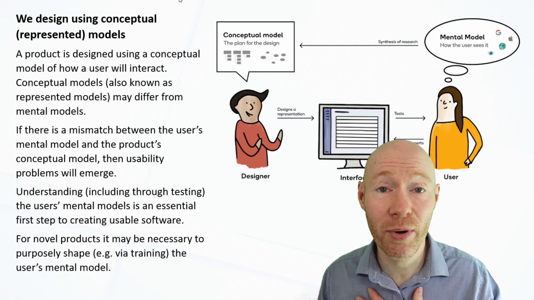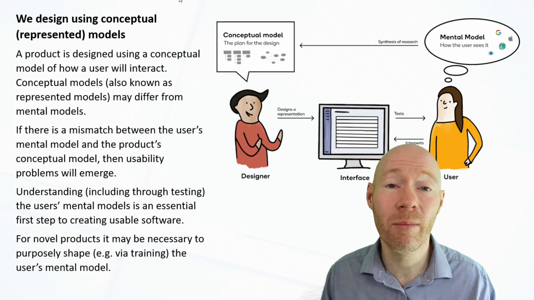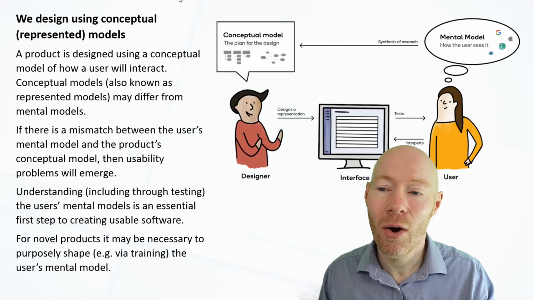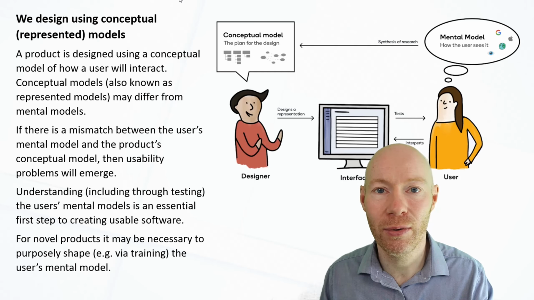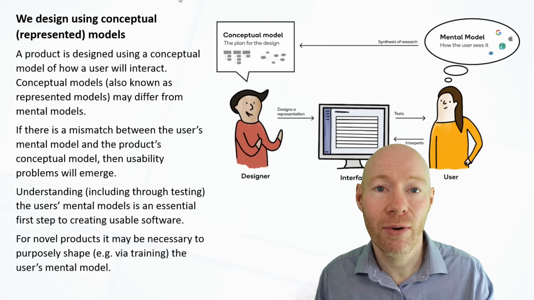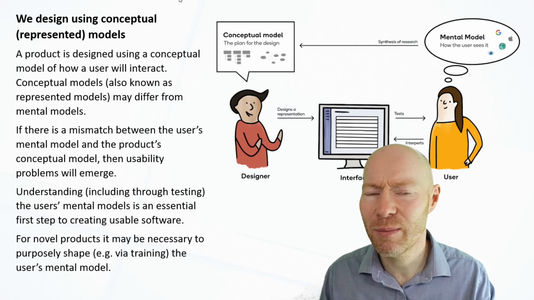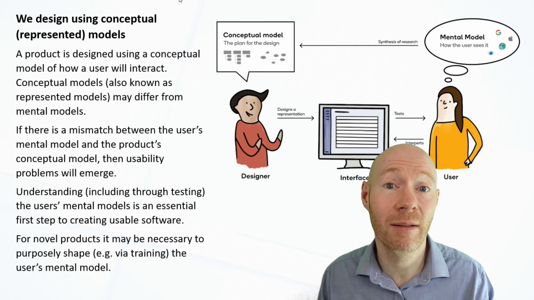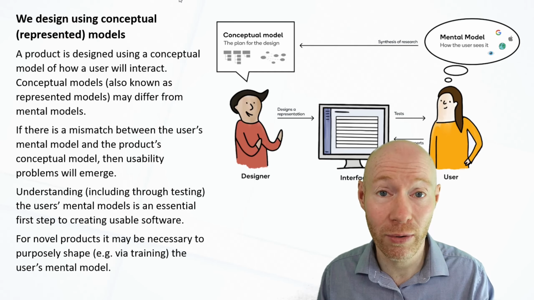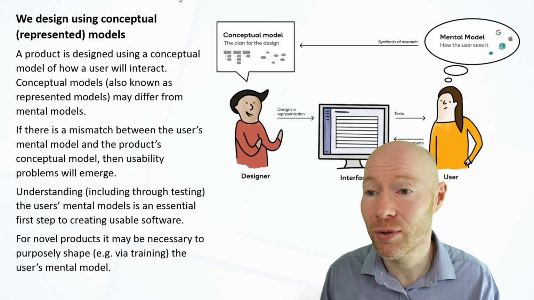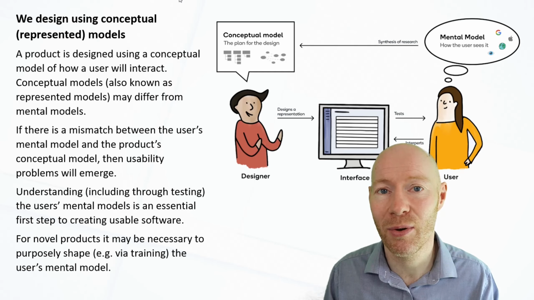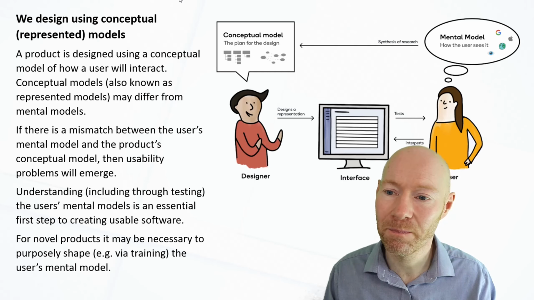So from the designer's point of view, it's incredibly important to understand what mental models the users are likely to use, or in fact do use. Later on in this course, we'll spend a good amount of time looking at how we can model the goals and the user models associated with our users, getting into personas and other types of modeling technique.